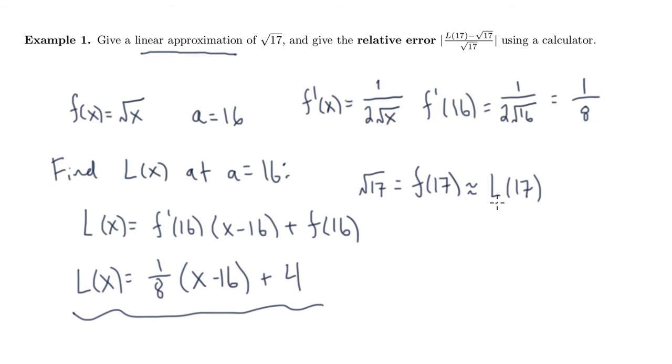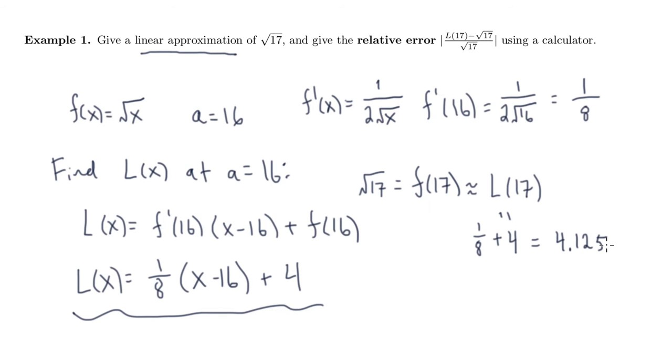So square root of 17 is going to be approximated by the linearization evaluated at 17. And so what is the linearization evaluated at 17? Well, it's 1/8 times 17 minus 16, which is 1. So 1/8 plus 4, which equals 4.125. So the square root of 17 is approximately 4.125.